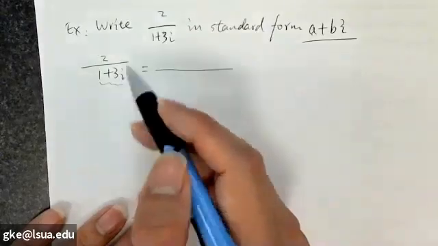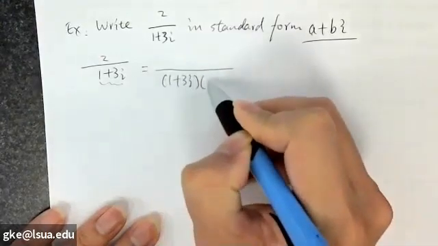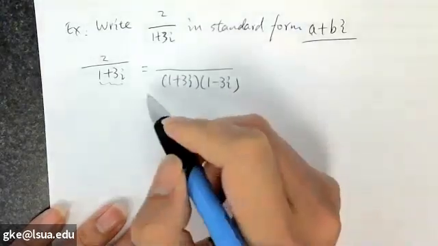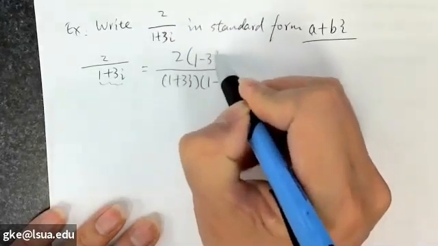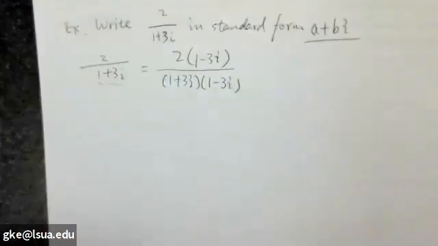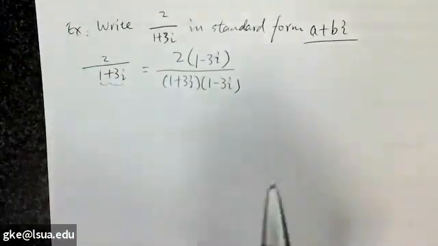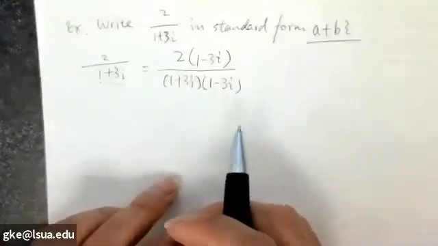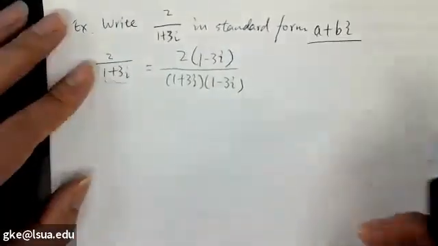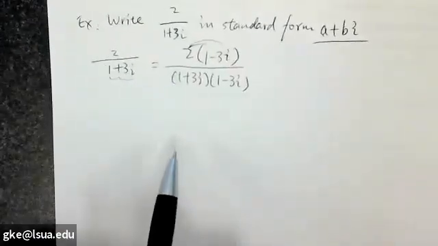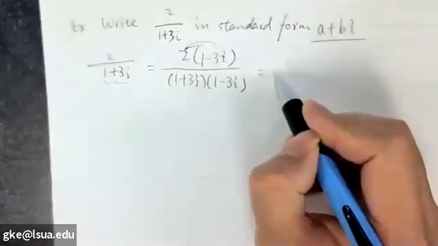So the denominator times the conjugate, and the numerator is gonna times the same number, right? And this is a combination.